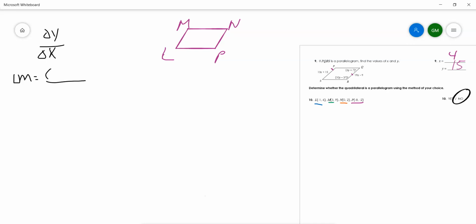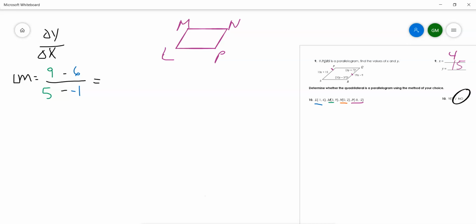All right, so let's do that. L is 6 and -1. M is 9 and 5.